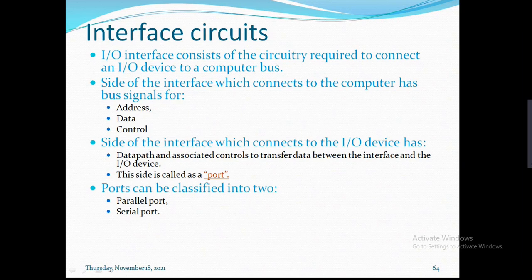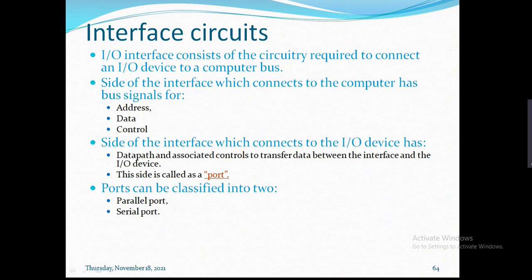Second one, contains the status flag. It stores 1 bit of information. It contains the status flag that can be accessed by the processor to determine whether the buffer is having valid data or not.